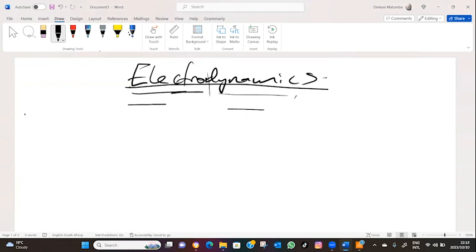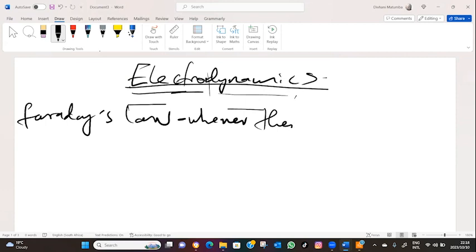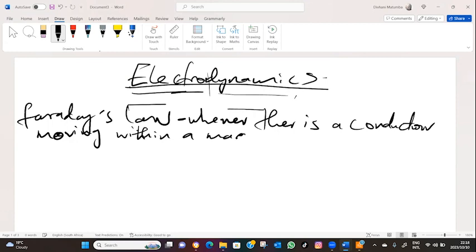So we're going to start by introducing Faraday's law. Faraday's law says, whenever there is a conductor moving in a magnetic field, electricity is induced.